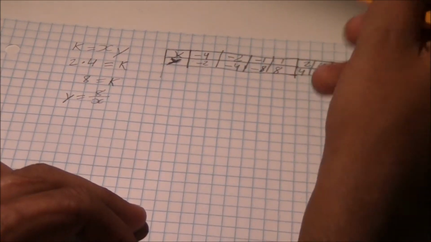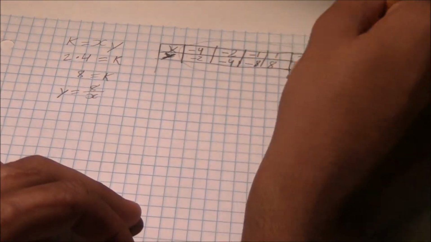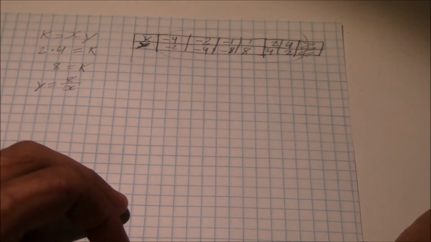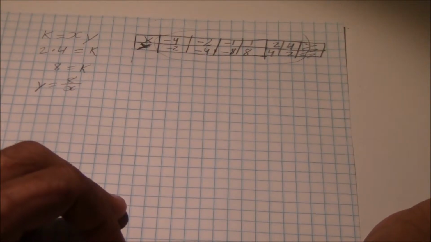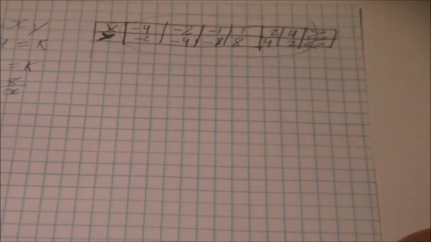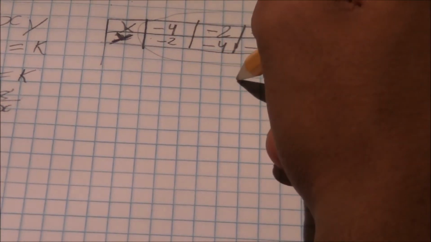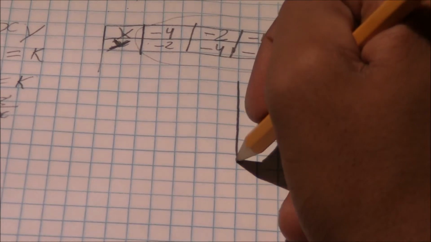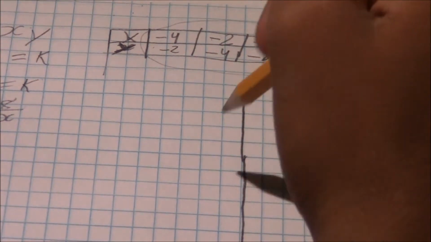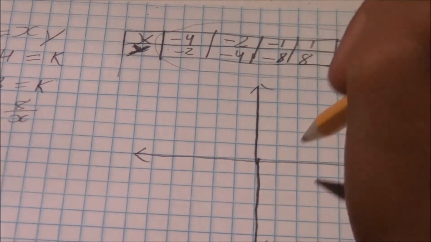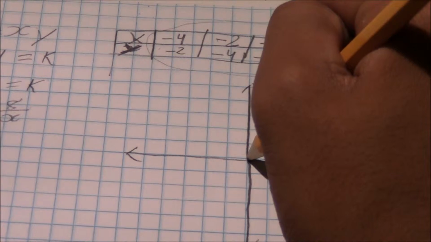So now you would graph all that, because you now have all your coordinate pairs. You just have to graph it now. So you make your graph. So -4.